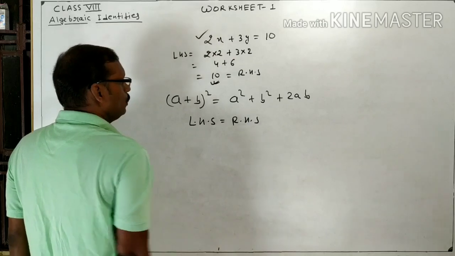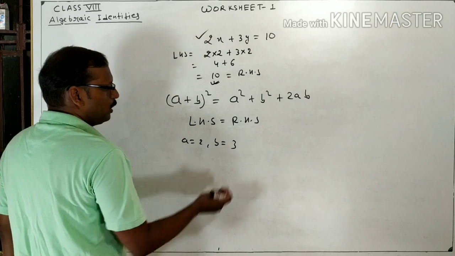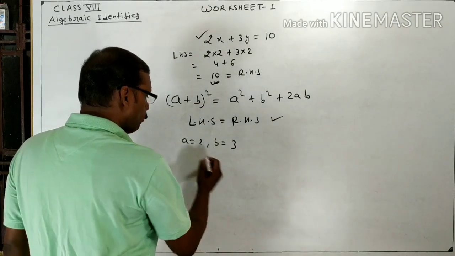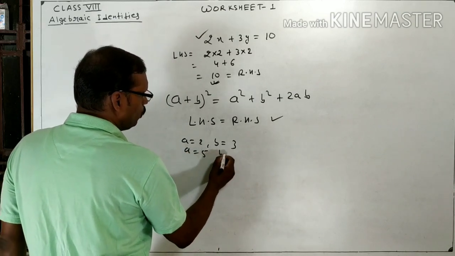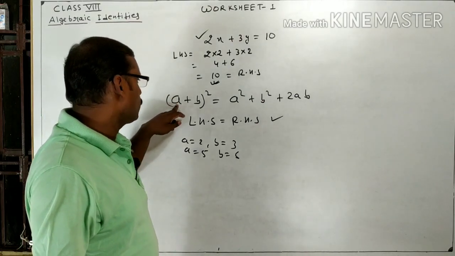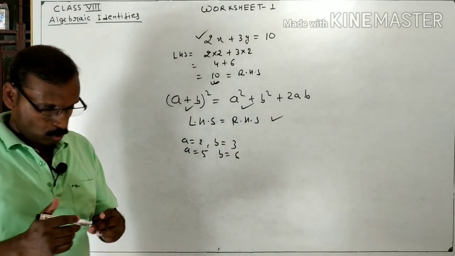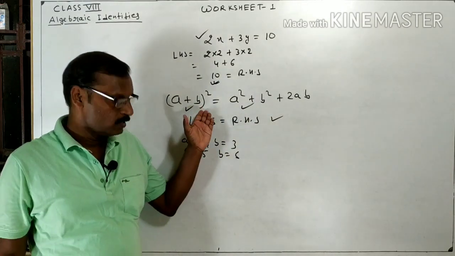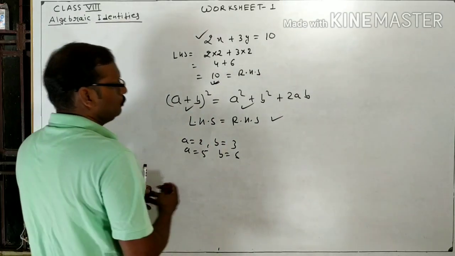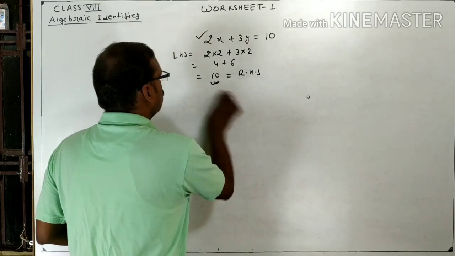All conditions means if we put a equal to 2 and b equal to 3 and solve LHS and RHS, it always comes LHS equal to RHS. If we put a equal to 5 and b equal to 6, means any value you provide for a and b, LHS and RHS will always be equal. So this is called an algebraic identity. Now we are going to solve worksheet 1 for proving these identities.